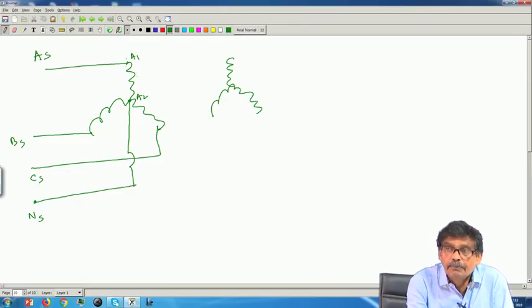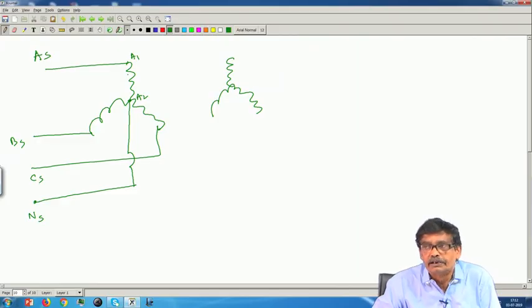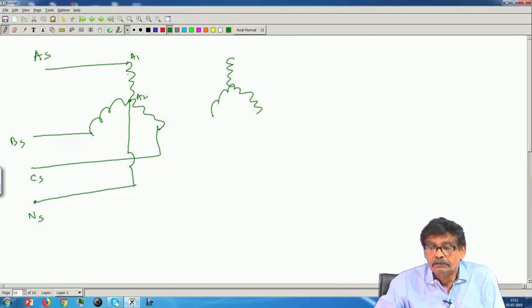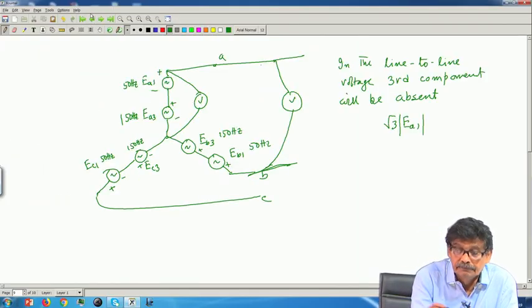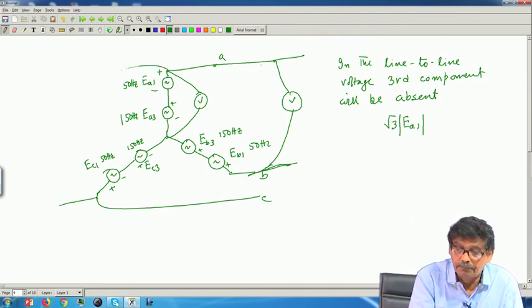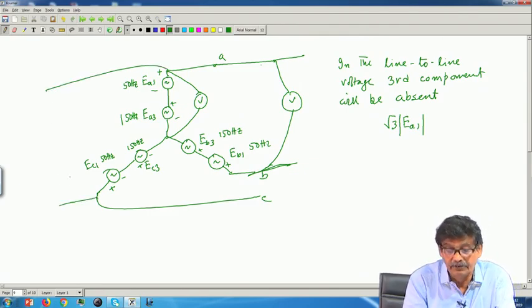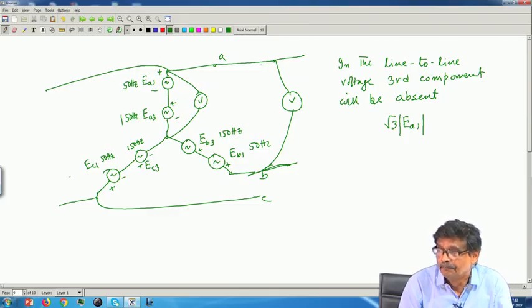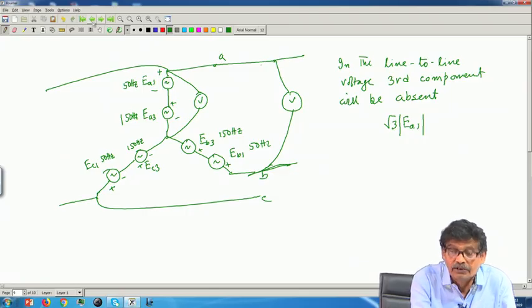Earlier, how much voltage I have applied here, I cannot say the voltage across the terminal of the coil is V L L by root 3, where neutral was not connected.